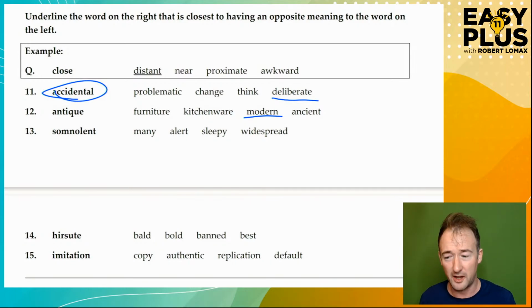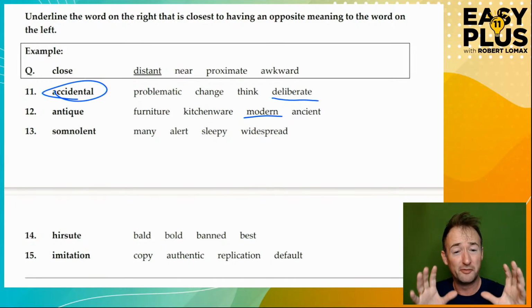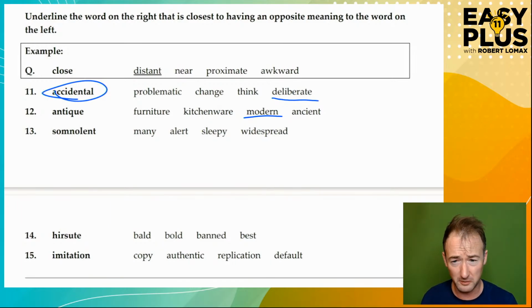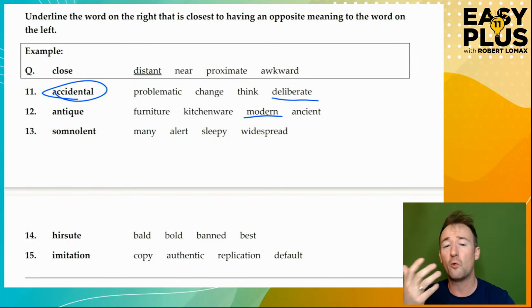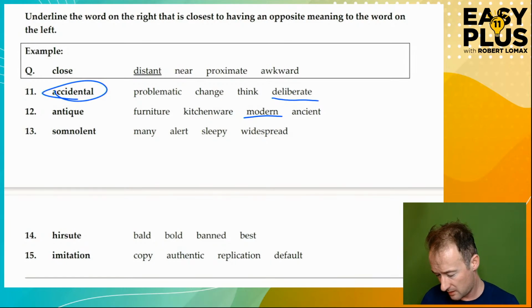Somnolent. Okay, now, I know what that means, but maybe not all of you do because it's an unusual word. So now we're in that classic verbal reasoning exam situation, which is, what do you do when you don't know the meaning of a word? How do you work your way around that? Okay, let's see. So somnolent, many. Well, what would the opposite of many be?